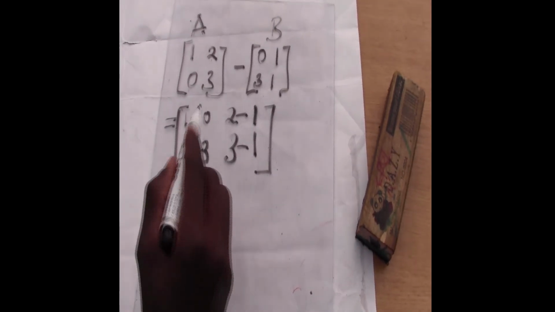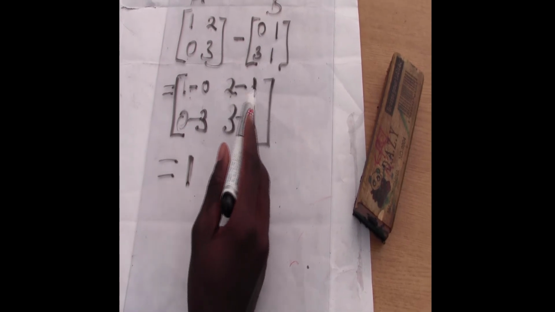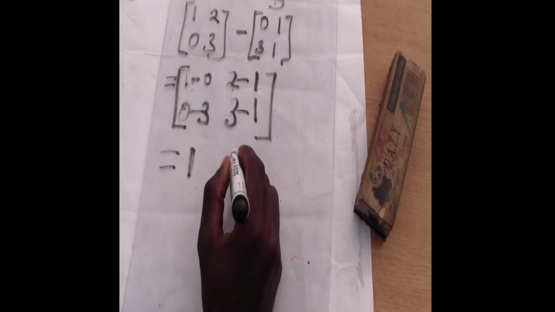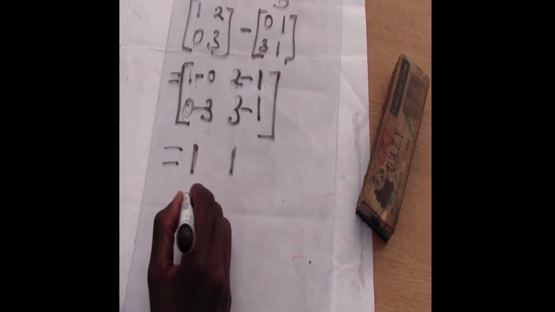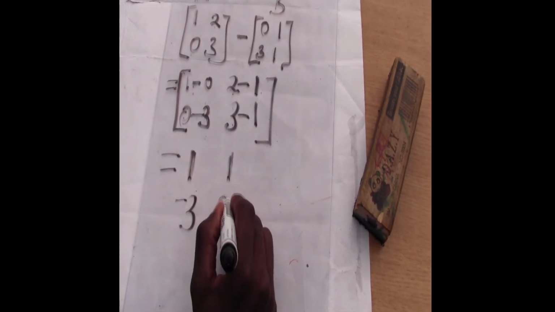Computing it, 1 minus 0, you're going to get 1. 2 minus 1, you're going to get 1. And then 0 minus 3, you're going to get negative 3. And then 3 minus 1, you're going to get 2.